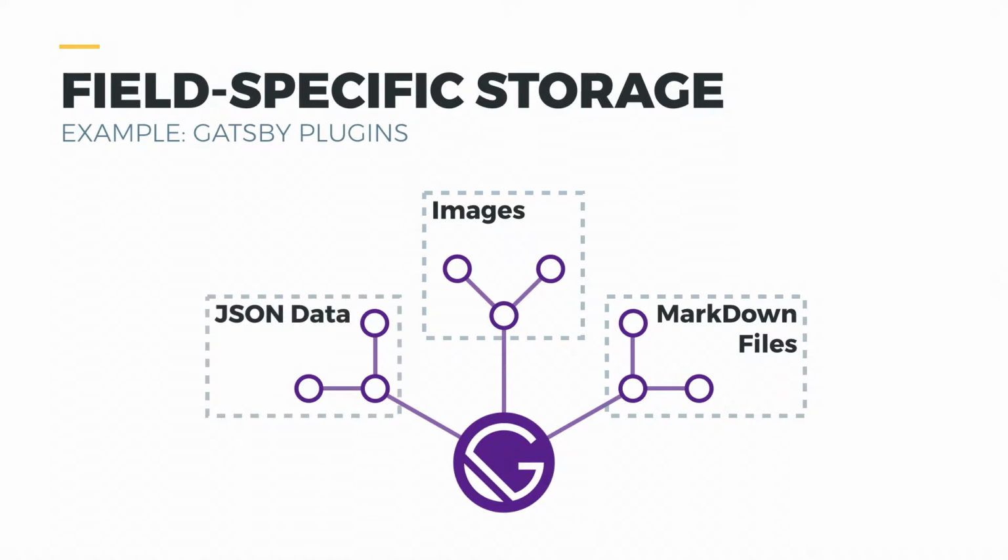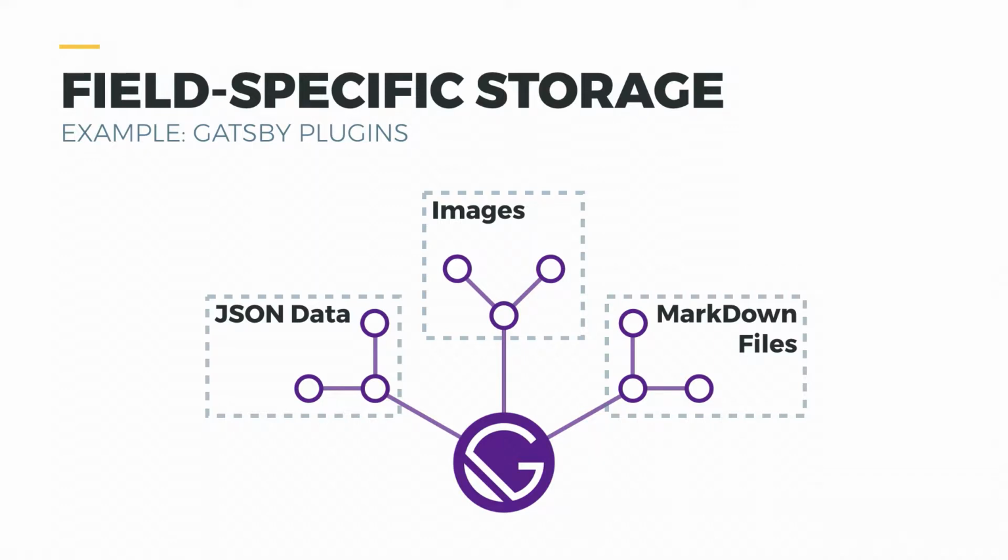And just JSON data. So this is going to be JSON data that you've fetched from some service, or just JSON files sitting in a directory. And all of these things are different kinds of data. These are different sources, okay? And so GraphQL allows you to define per field where the source of this information is coming from.